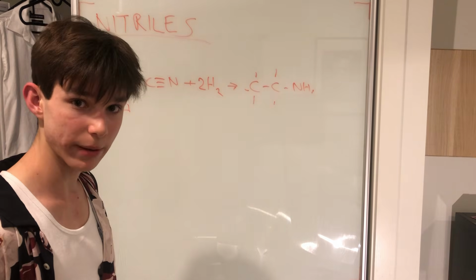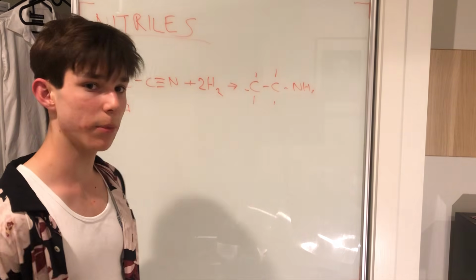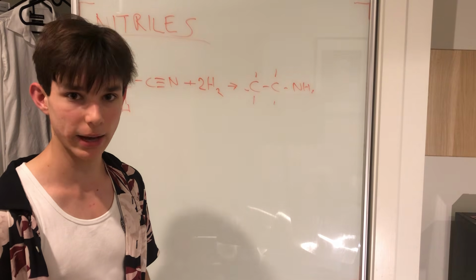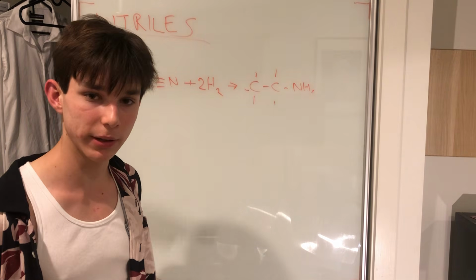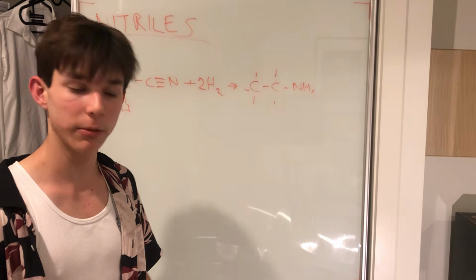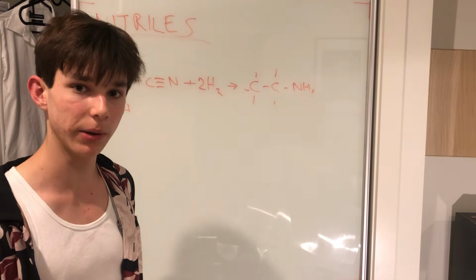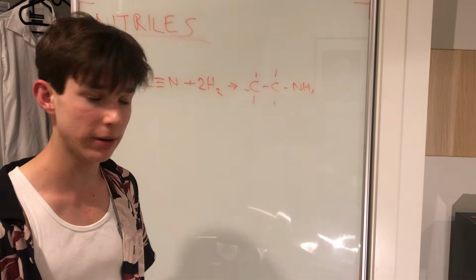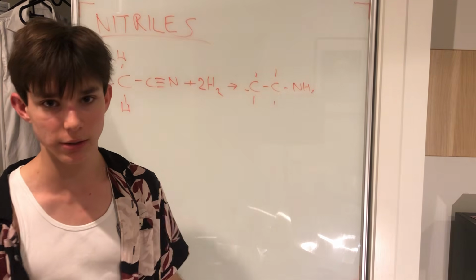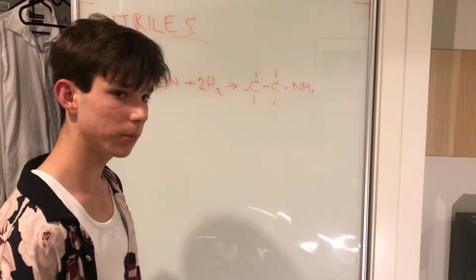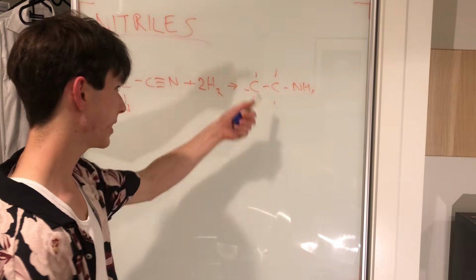We don't have a mixture of amines. So if you remember, when we were forming amines from haloalkanes, by the nucleophilic substitution of ammonia, our products were nucleophiles and they were competing for substitution. So we'd end up with a mix of primary, secondary, tertiary. Not a problem here. Where are we going to add the hydrogens?